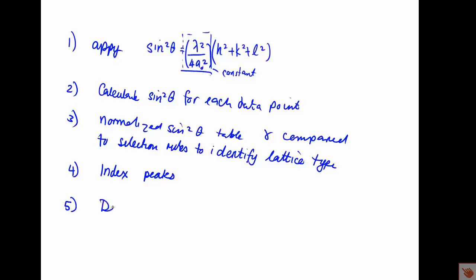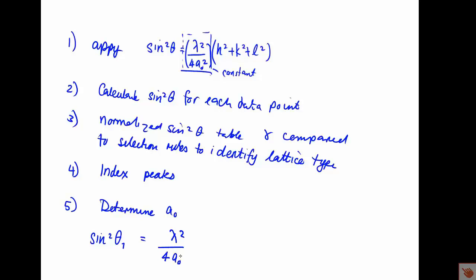Now we can determine a0, and the way we do that is, let's find sine squared theta for peak 1. We know the wavelength.